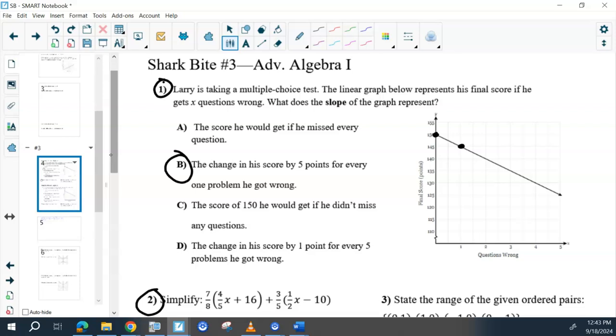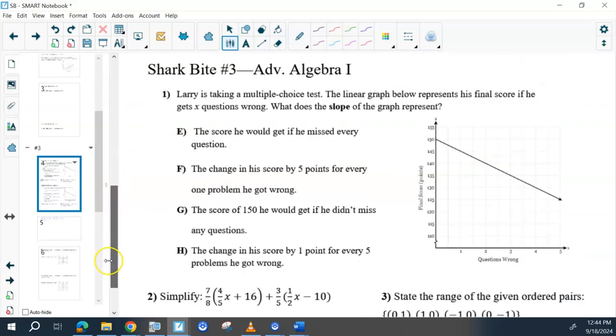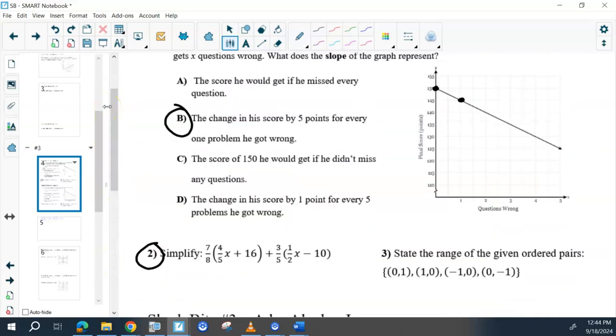Some of you have B, some of you have F. So F or B, whichever one. So this is counting by 5s, 150 to 145, and this is going over 1. So it is going down 5 and to the right 1. There you go. Other questions on that one?